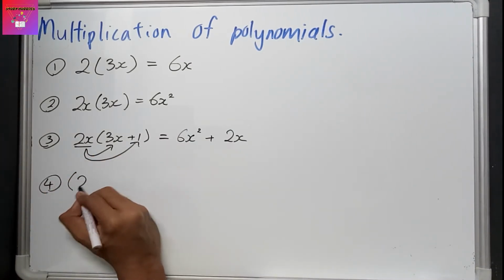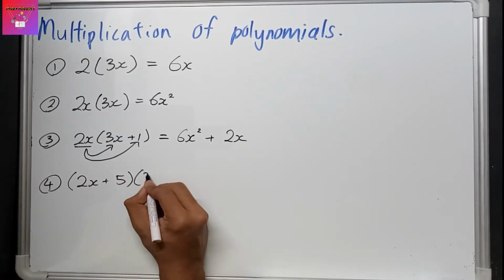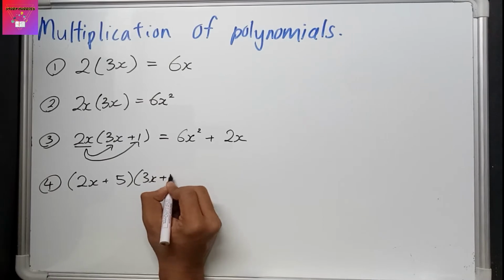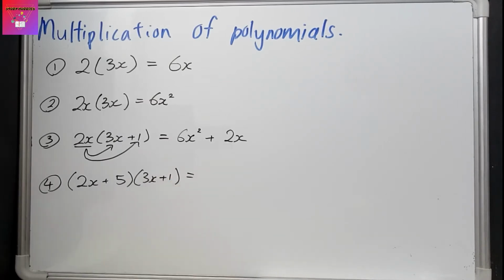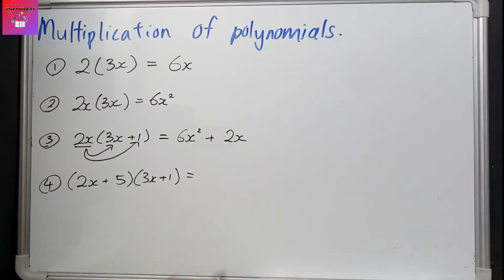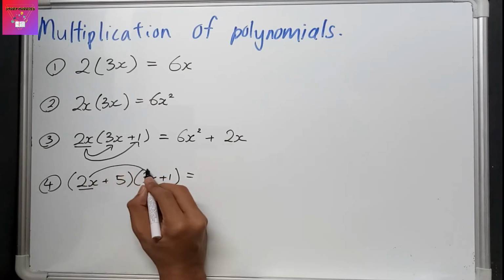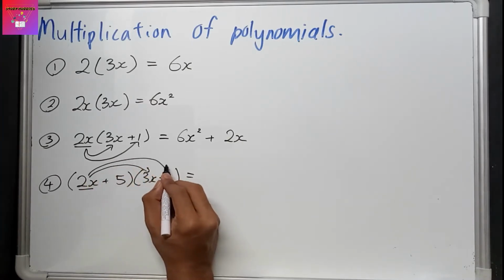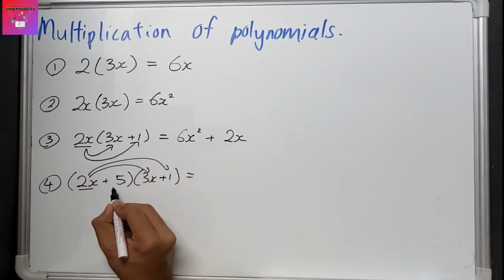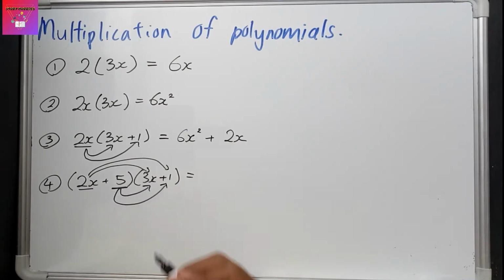Okay, so let's say we expand more, into (2x plus 5) times (3x plus 1). When we expand this, it gets a bit complicated for some of you. What we have to do is multiply 2x with both the numbers first. Then after that, we multiply 5 with both the numbers again.